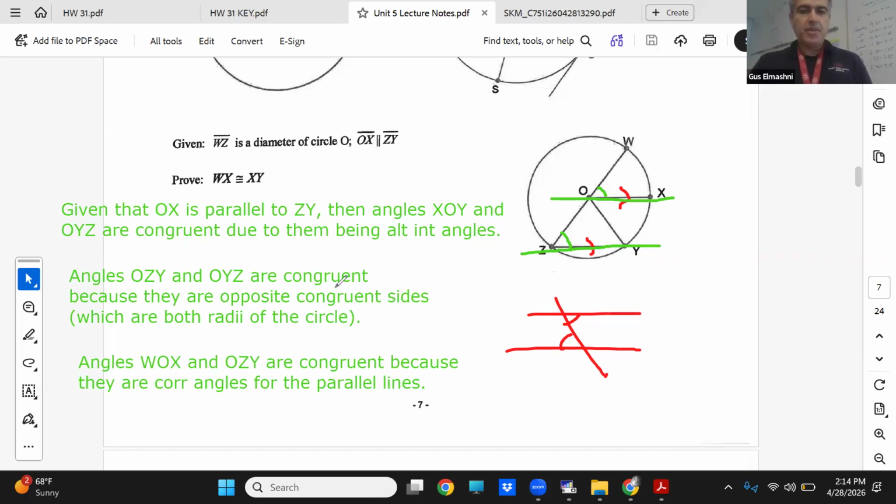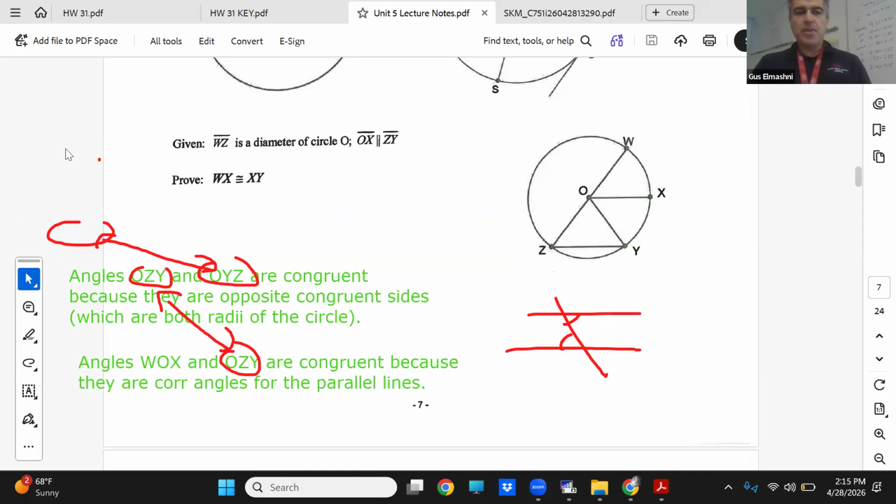So here's the deal. If OYZ is the same for both of the first two paragraphs, right? And so these link up, and these link up. Then what does that tell me about XOY and WOX? I'll do pink here.